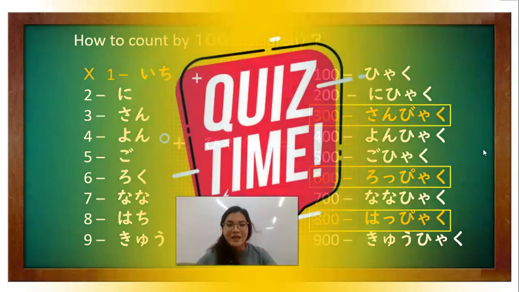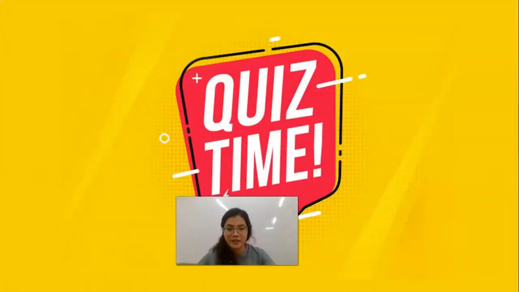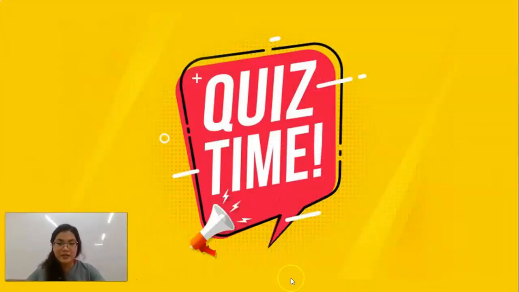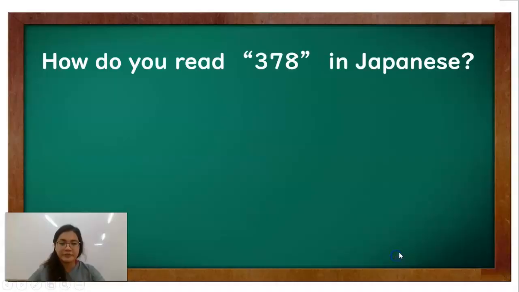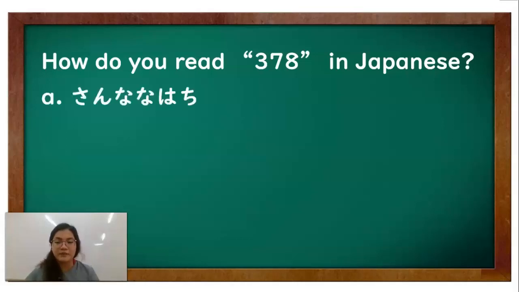Okay? So now let's proceed to quiz time. Okay, so here's the question. How do you read 378 in Japanese? A. Sang nanahachi.